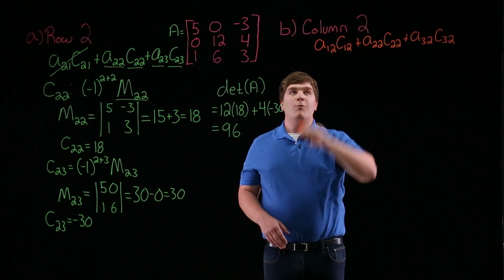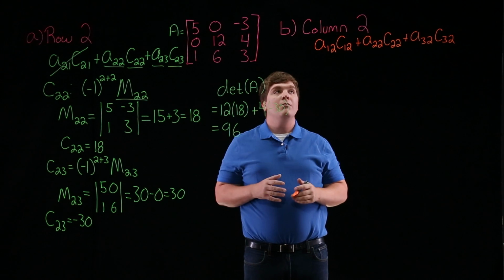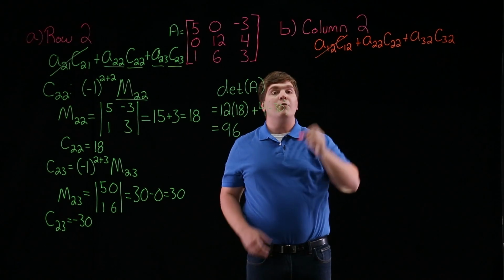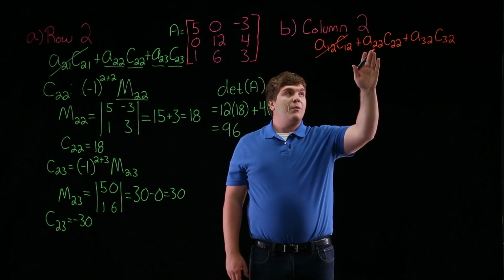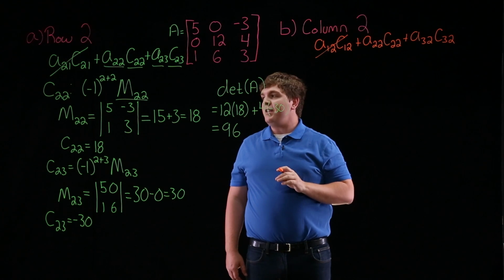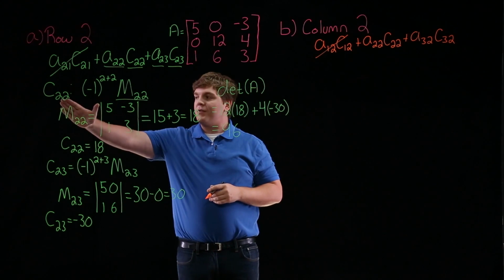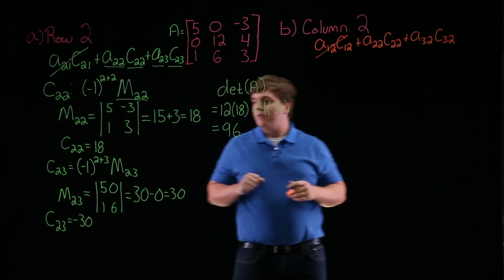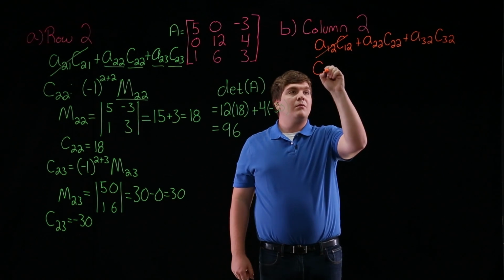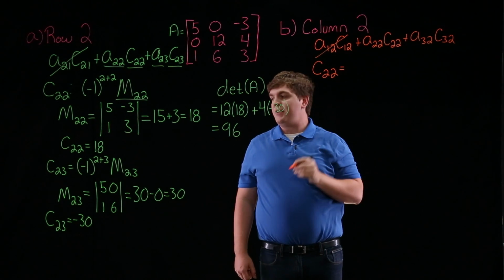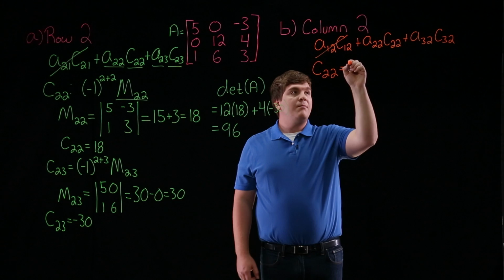So here we have that A12 is equal to 0, so we don't have to worry about this whole term. We have A22 times C22, but we've already found C22 over here. We found C22 to be equal to 18.